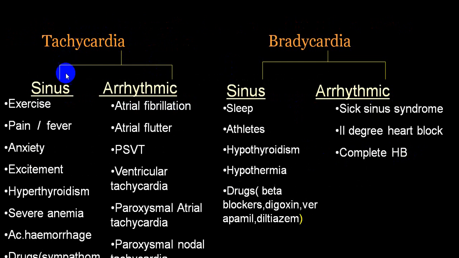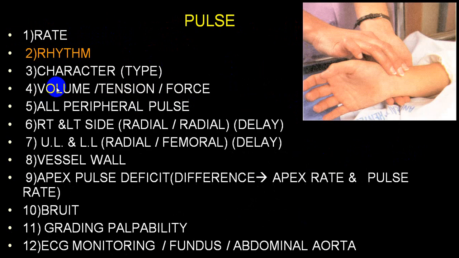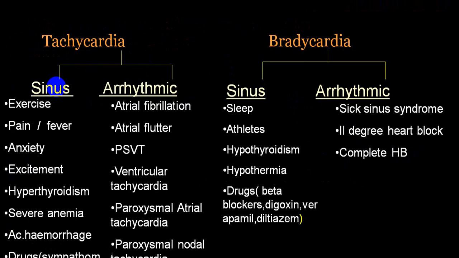Always mention tachycardia; when you examine a pulse, don't mention sinus or arrhythmia. If the rhythm is irregular, you can mention there is arrhythmia. But by and large, always use only the word tachycardia, don't mention sinus tachycardia, and don't try to mention any of this terminology. This is only after you get an ECG record.